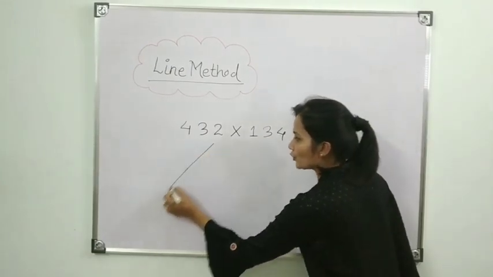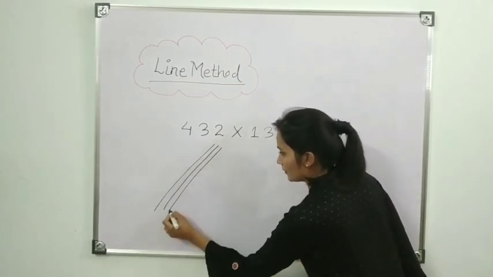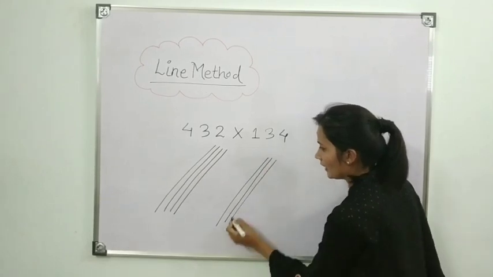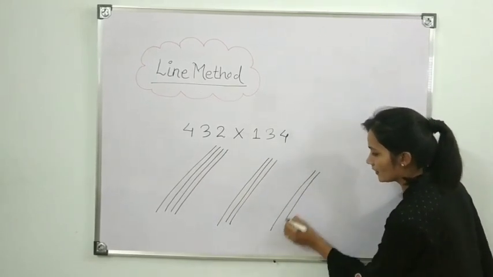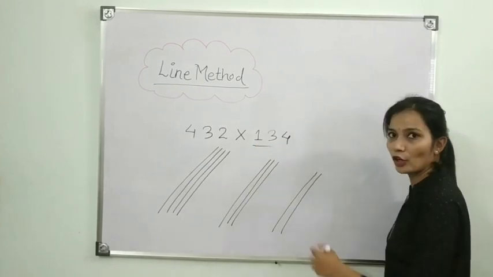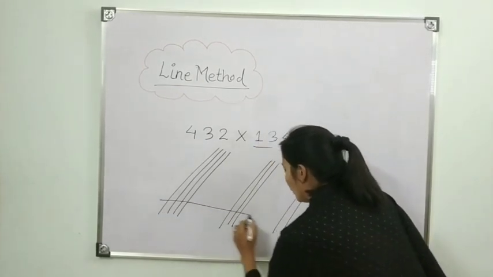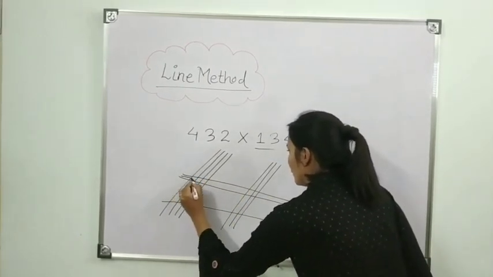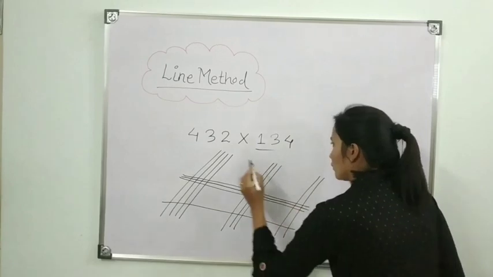What we'll do? We'll draw 4 lines. Then 3. And then 2 lines. Then the multiply sign. So we'll start this from the lower side. 1. 3.